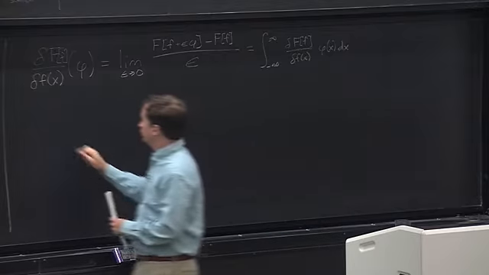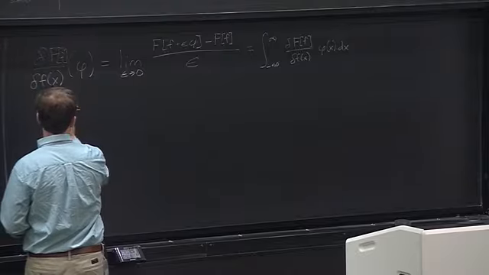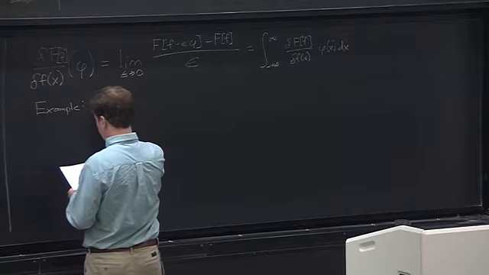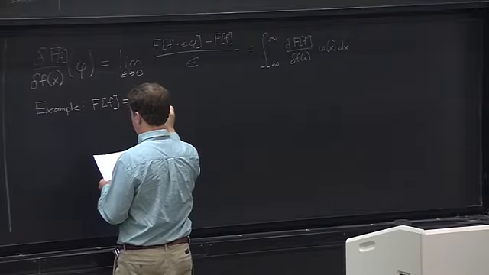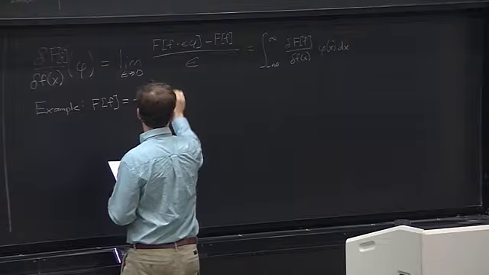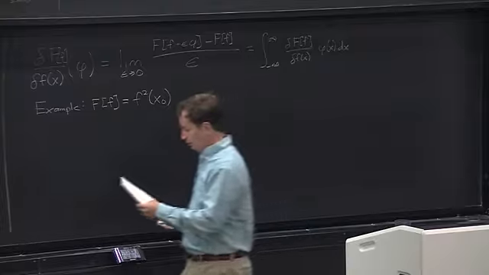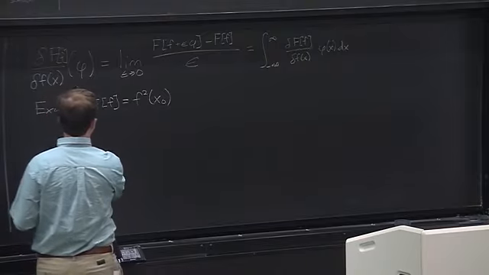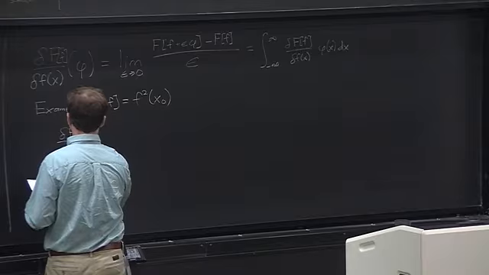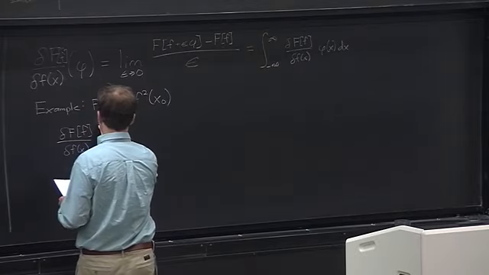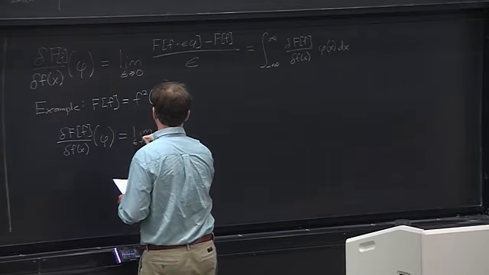And to see how that works, let's go through an example. And we'll go through a number of other examples in tutorial this afternoon. So if we choose as our functional F of f equals f squared evaluated at some point x naught, then the functional derivative acting on a test function is just given by this formula up here.